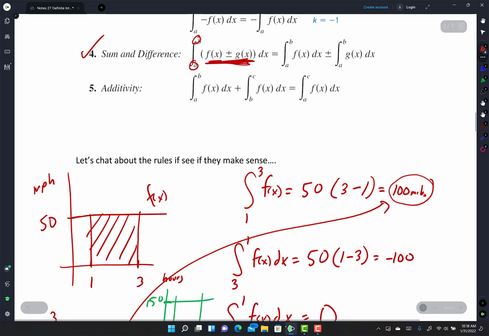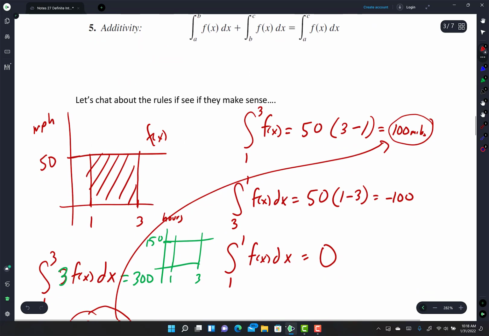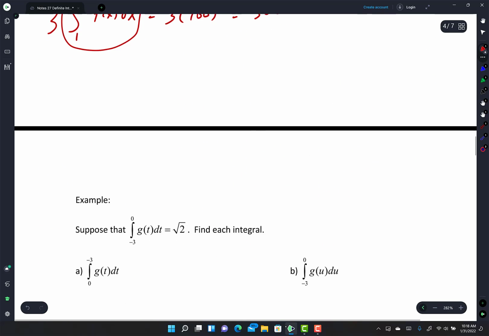Additivity. We kind of already did this, but I'll show you. So additivity is this. We'll go in alphabetical order.